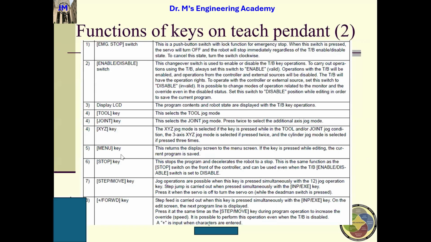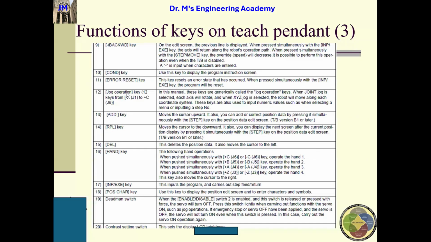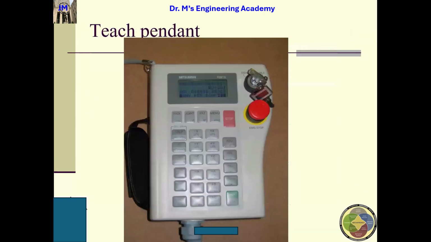So here are the details of each of these buttons, and I want you guys to take a look. However, I still believe having hands-on experience is the best way to learn these kinds of things. Okay. And so here are a lot of details.